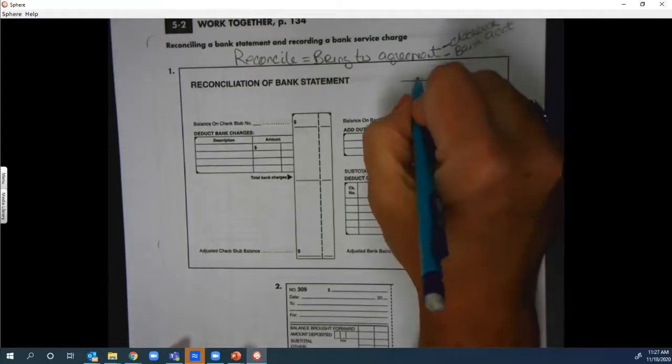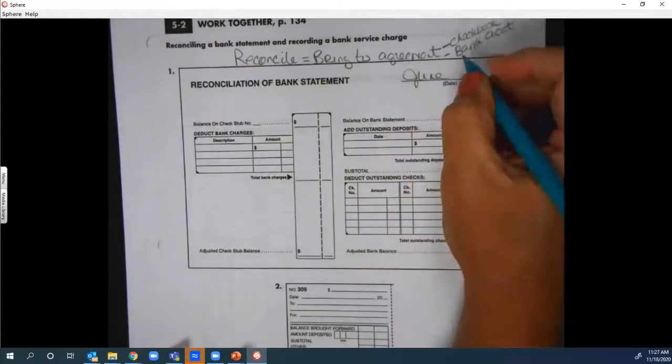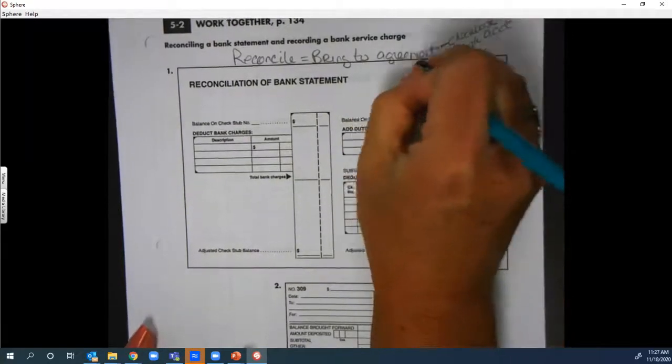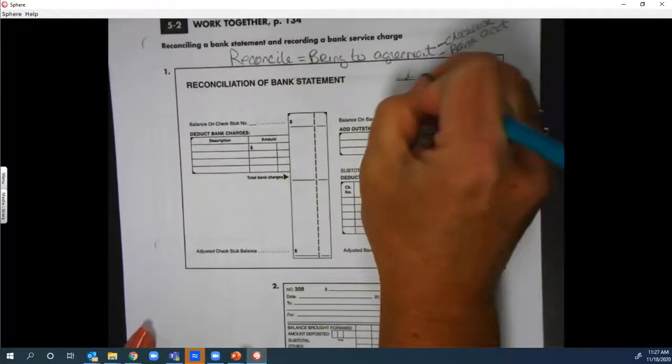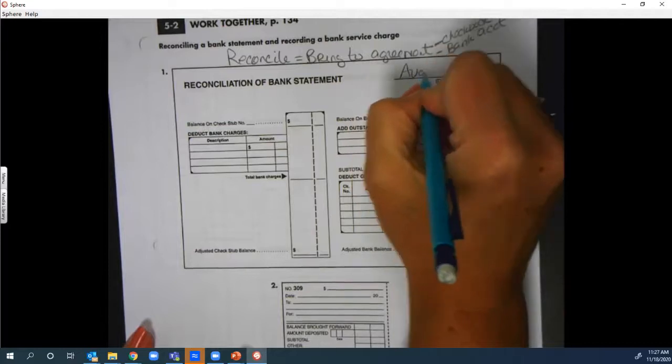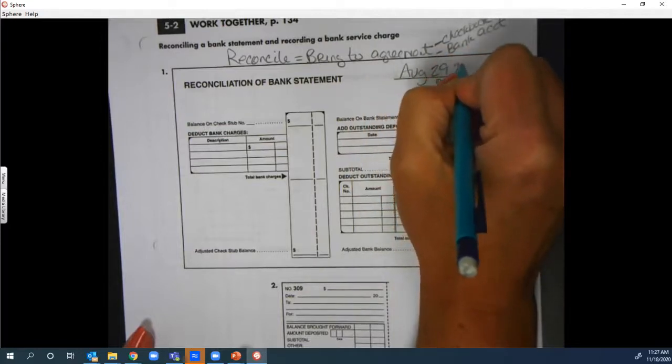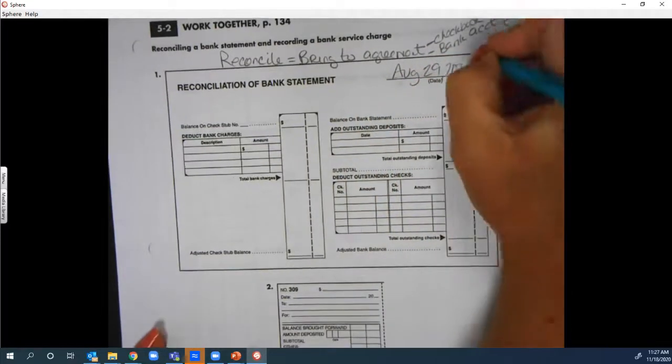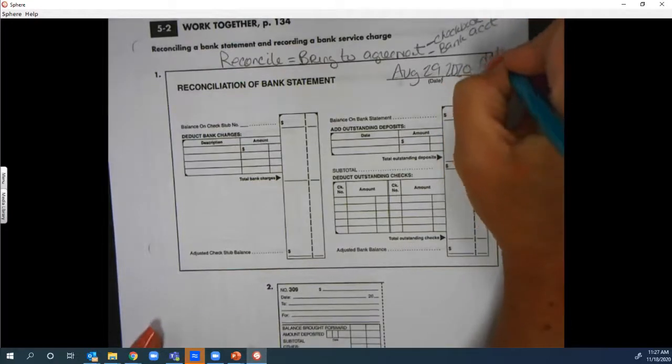And it's August. And again, this is the date that we reconcile, the date that we're actually doing this.